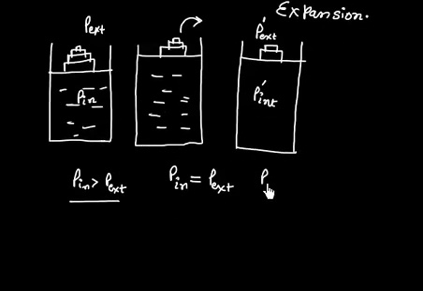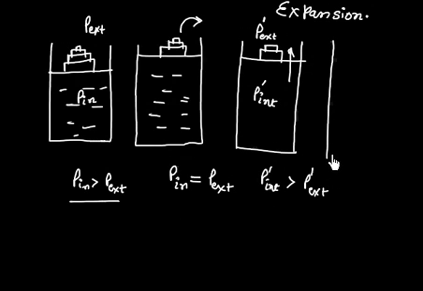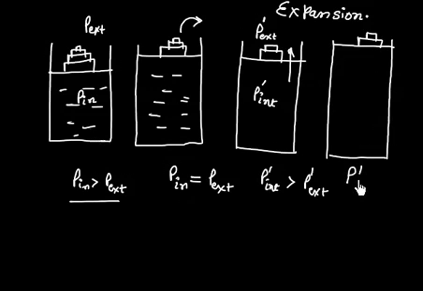Now P dash internal is again slightly greater than P dash external. So expansion will again happen. It will go some more, so expansion will be slightly more. So I will reach somewhere here, and now again equilibrium will be achieved, that is, P dash external is equal to P dash internal.